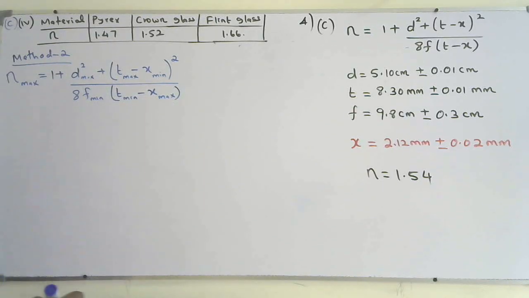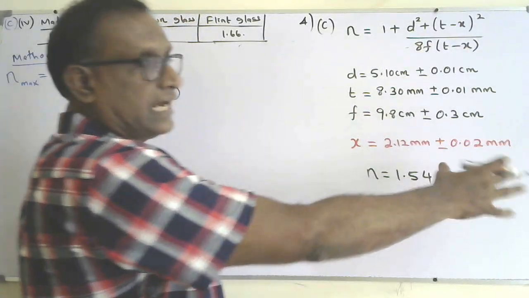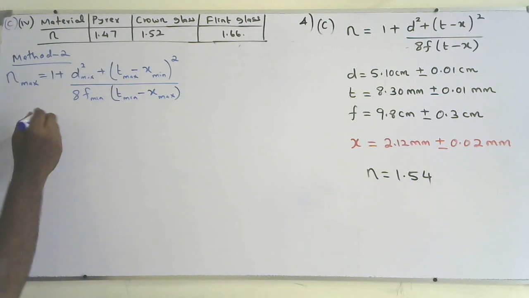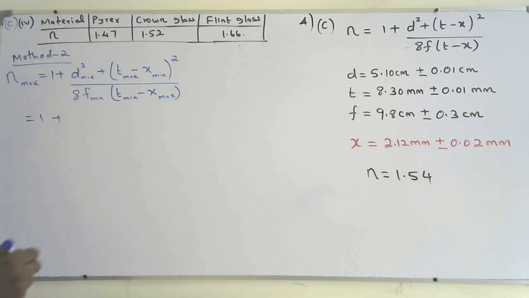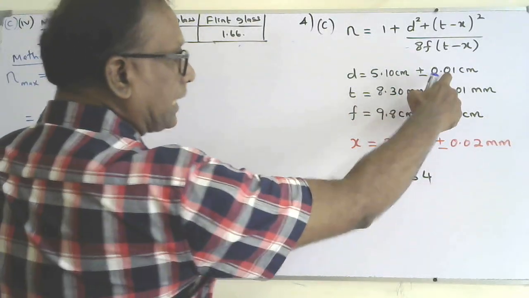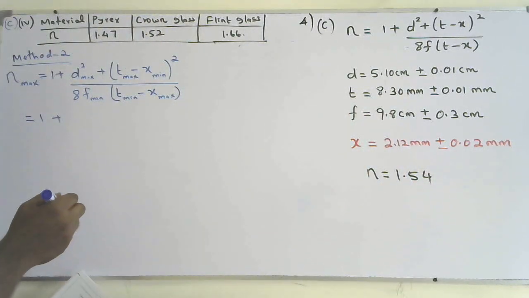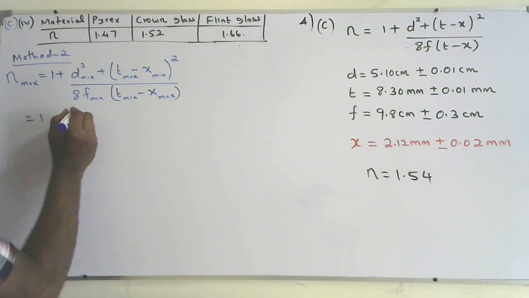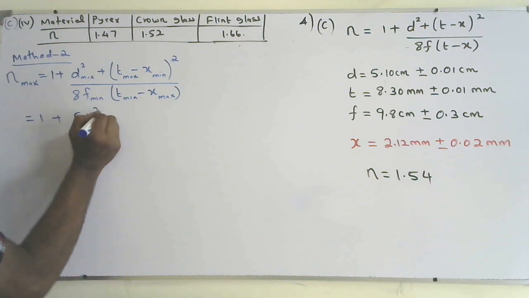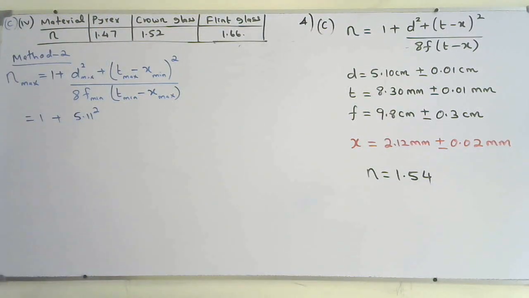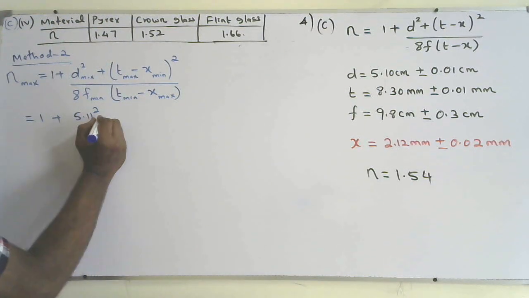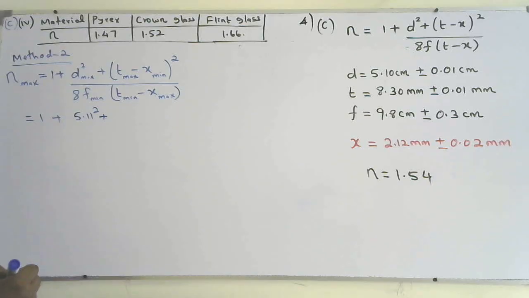That's all. Simple. I'm going to find those values by using the uncertainties. Okay, so here 1 plus D max. D max means 5.10 plus 0.01. So that is 5.11 squared. So I'll directly put it. Actually 5.10 plus 0.01, 5.11 squared plus T max minus X min.